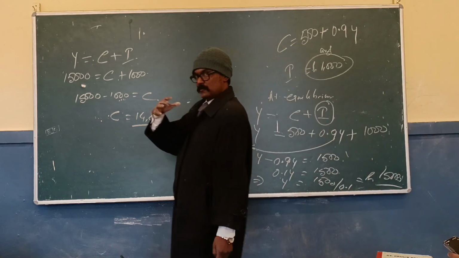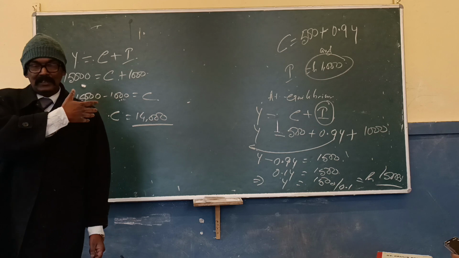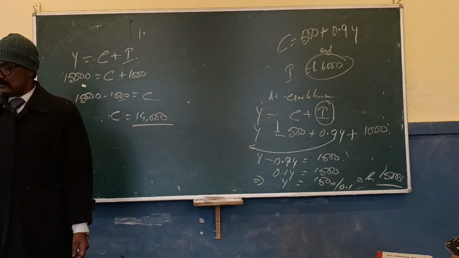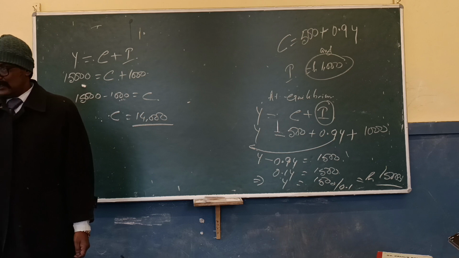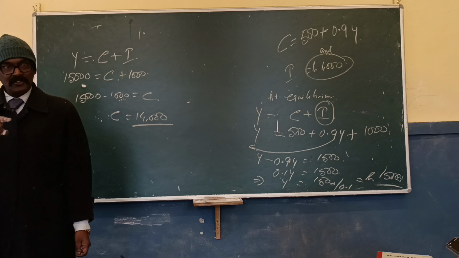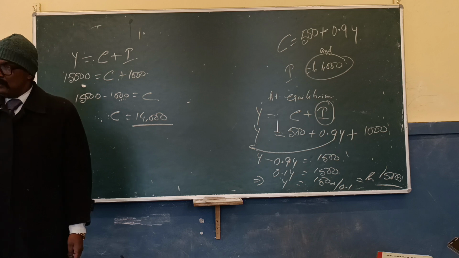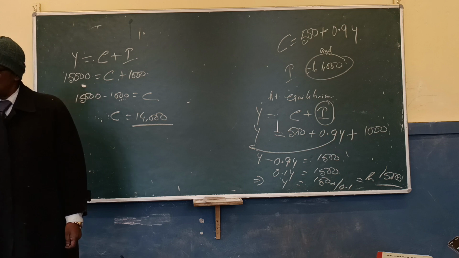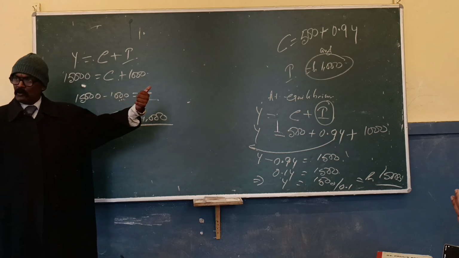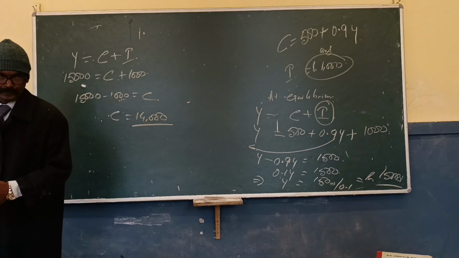Now it is not possible for me to write down all the things in the book because it will take more time. So what I suggest, before you go to sleep or tomorrow morning, at least see the numericals and go for the exam. Just see how we are doing and then go for the exam.